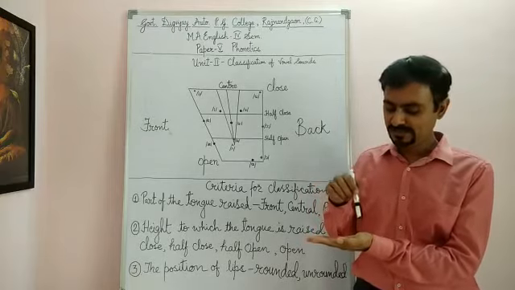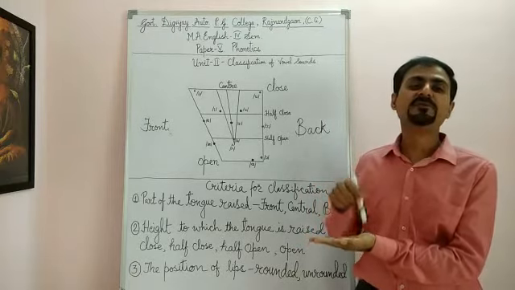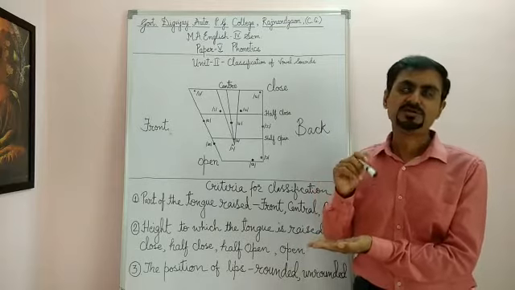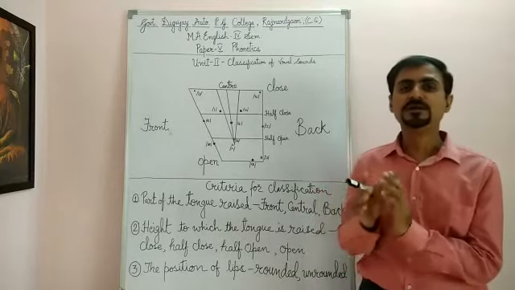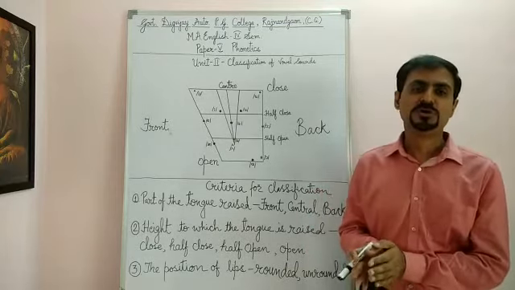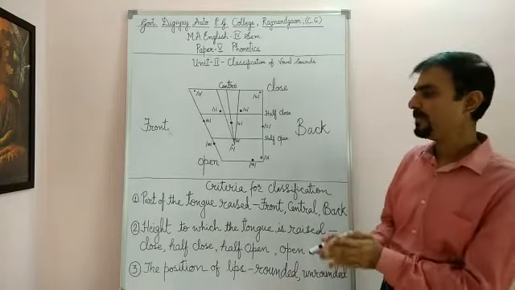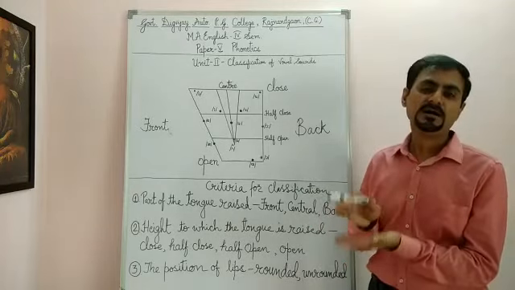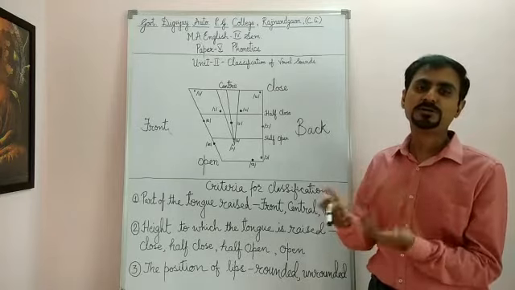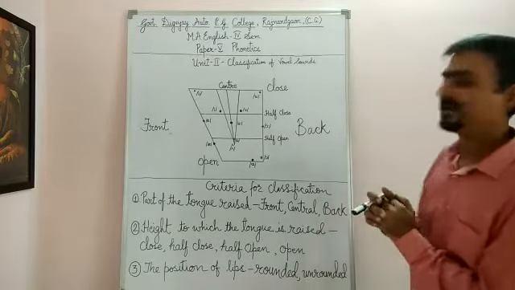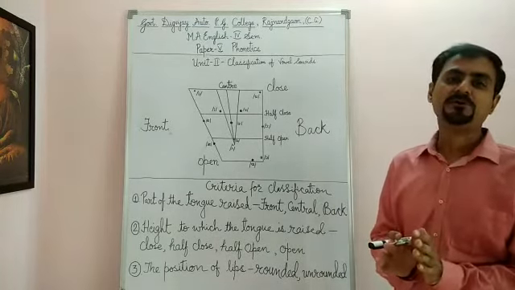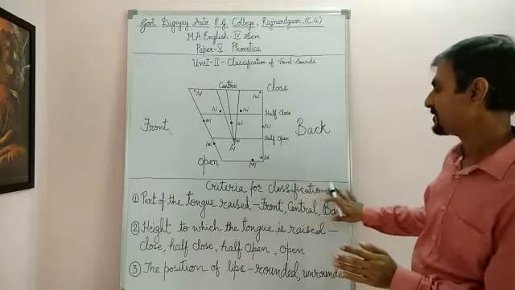And against the back of our tongue, we have the soft palate. So, when it comes to understanding vowel sounds, we need to know the different positions the tongue takes while producing the vowels. And that is the criteria which classifies the vowel sounds.